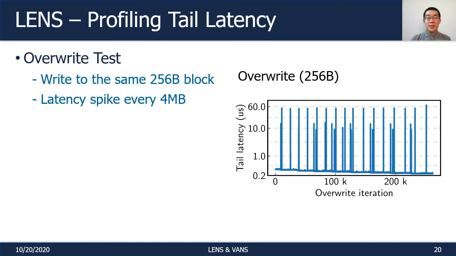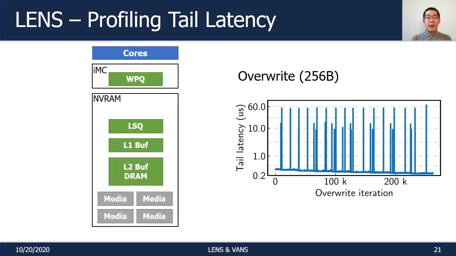This test repeatedly writes data to the same 256-byte memory block and measures the write latency of each 256-byte write. We find a long tail latency happens every 4 megabytes of writes, which may be related to the wear leveling mechanism in non-volatile memory DIMMs. Here is an example of how wear leveling works.